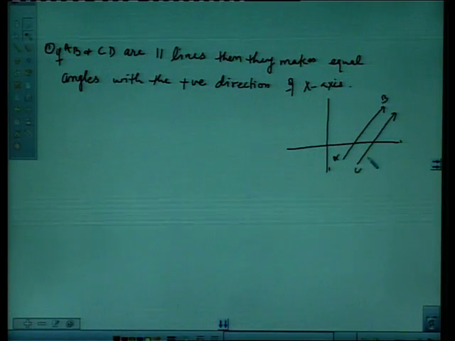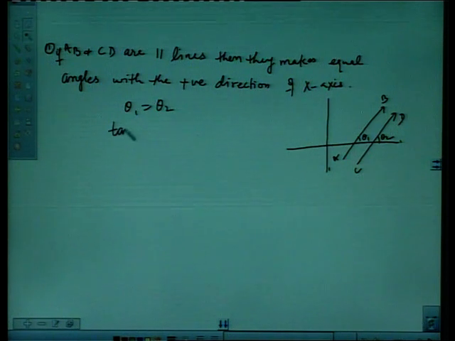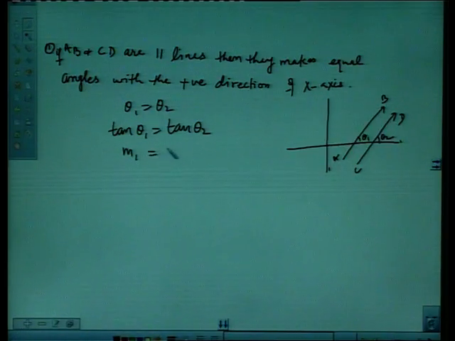If these two lines are parallel, then they make equal angles with the positive direction of x-axis. So theta 1 equal to theta 2. If we take tangent, then tangent will also be equal. And what is tangent theta 1? This is m1 and this is m2. Then we conclude that slopes are equal if lines are parallel.